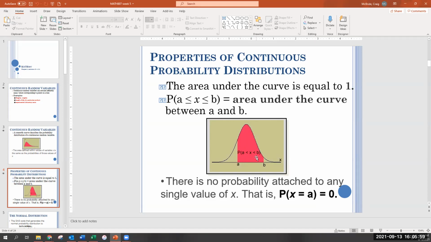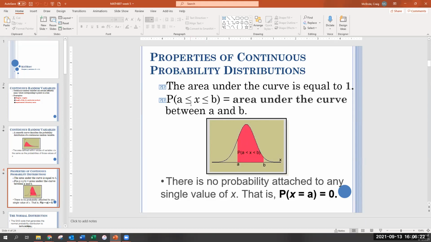because when we're calculating probabilities for a continuous random variable, we have to find area. And if we're looking for the probability of a precise number, there's no width. And if there's no width, there's no area. So you always have to have the probability that X is greater than something, X is less than something, or X is in between something.